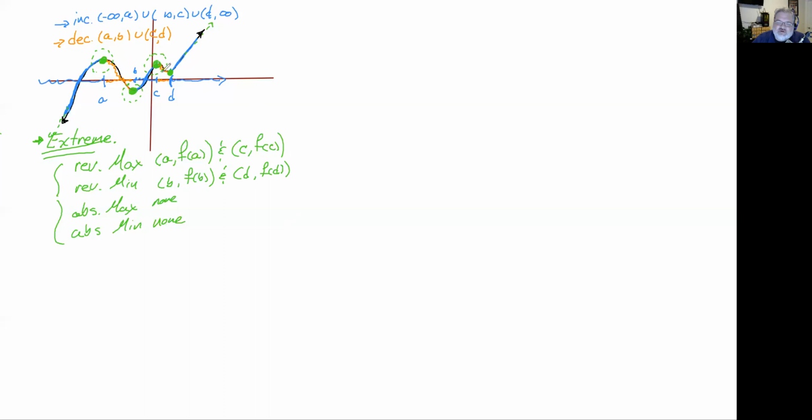So really, anytime we switch from decreasing to increasing or increasing to decreasing, every one of these boundary points should have an extrema in it. So A should have an extrema, B should have an extrema, C should have an extrema, and D should have an extrema. Fair?